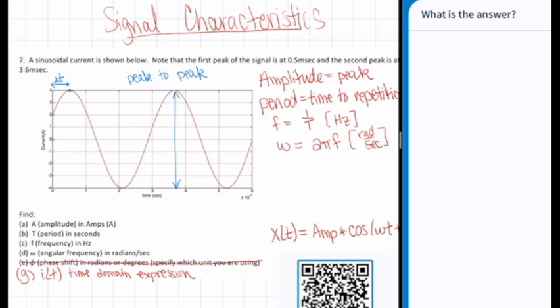It's just hard to extrapolate that on that graph. So I could write it up there for you. Oh, yeah, you could just put V for the phase shift.